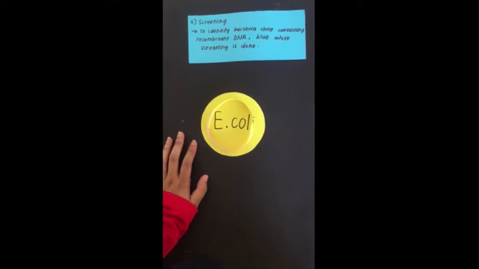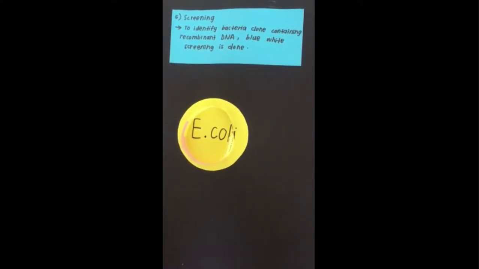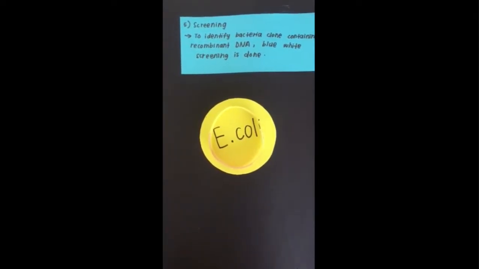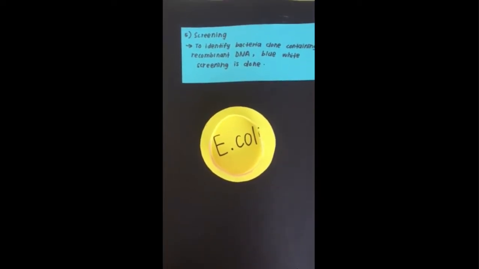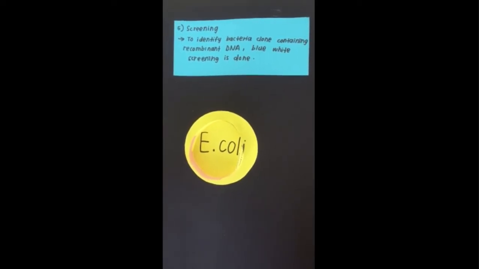Colonies with recombinant plasmid cannot produce beta-galactosidase and cannot hydrolyze X-gal. The screening process is done using the blue-white screening technique to identify bacteria that carry the recombinant DNA. That's why we choose white colonies, because they contain recombinant DNA.